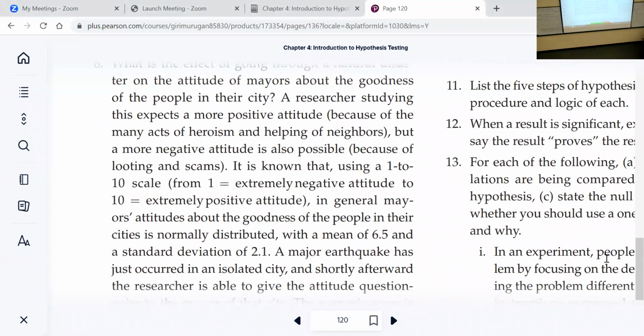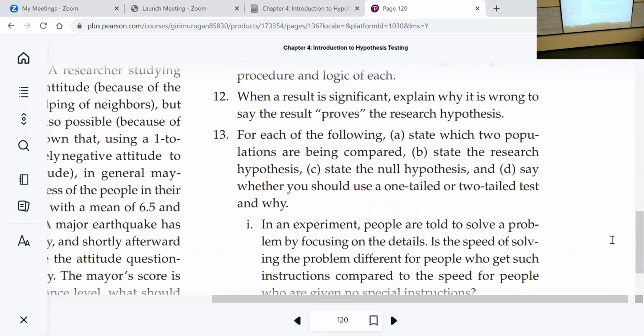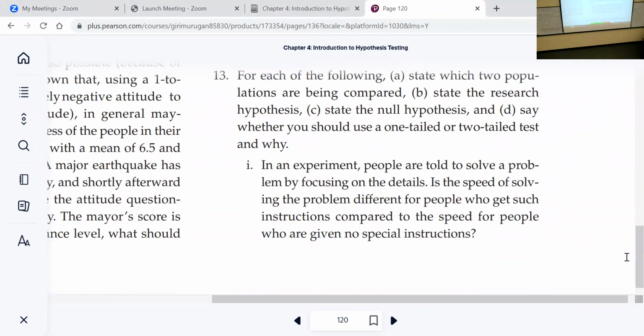So the first one, right here. Read. There are two more options. You are going to pick. Got the gist? It's about people solving problems. That applies to you. You are getting instruction.